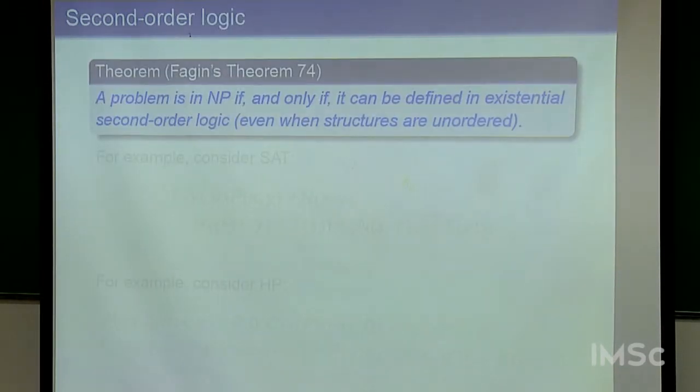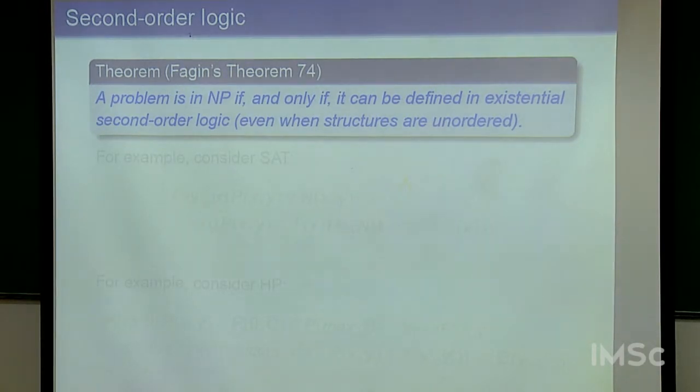Now, Fagin's theorem, which is essentially the focal point of descriptive complexity theory, is from 1974 and characterizes NP in terms of logical definability. A problem, that is one of these isomorphism closed sets of finite structures, is in NP if and only if it can be defined in existential second-order logic, even when we haven't got these funny successor relations hanging around.